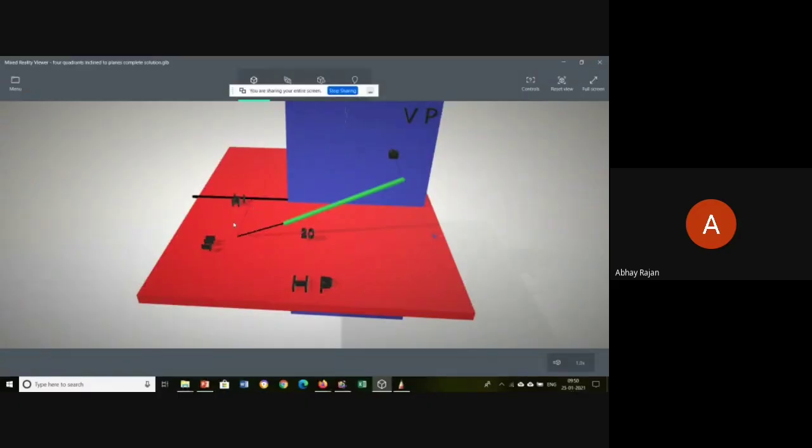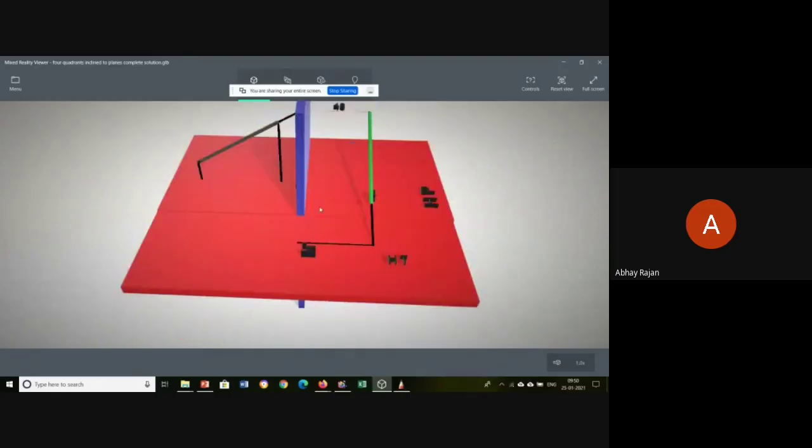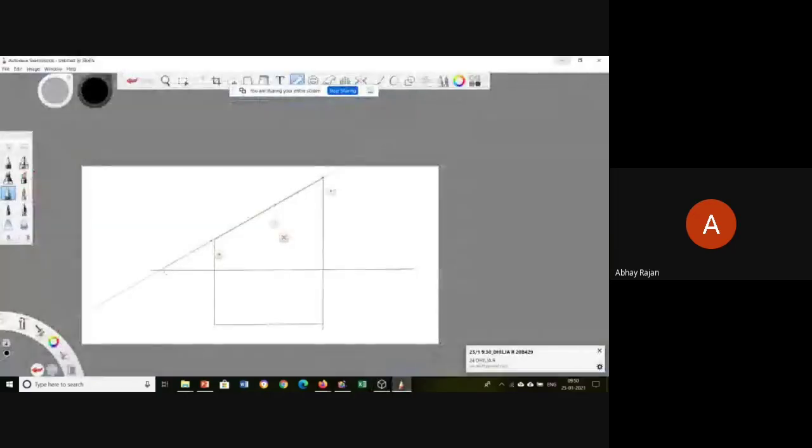And you know, this HT is at some distance, and then some distance will be parallel to equidistance likewise itself, because this is parallel to VP. So this is 40, this is 40, and your HT also will be at a distance of 40. So you can mark that also properly.